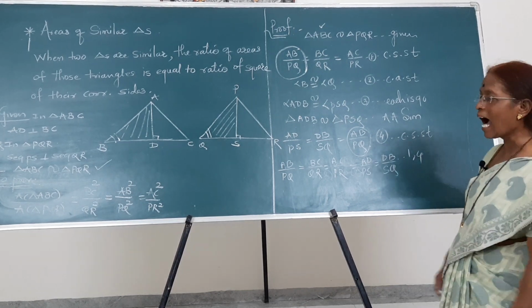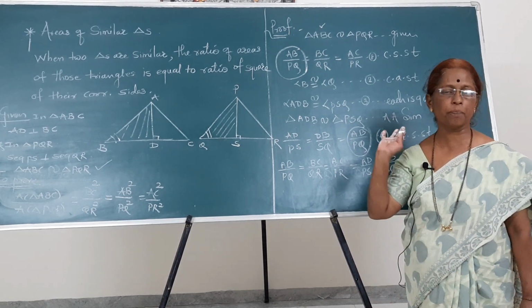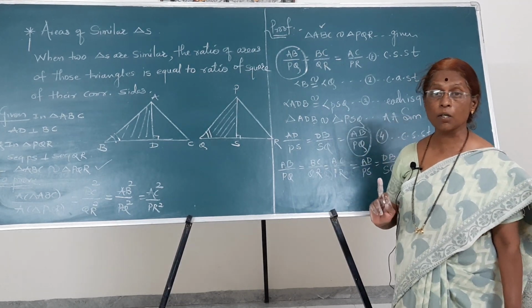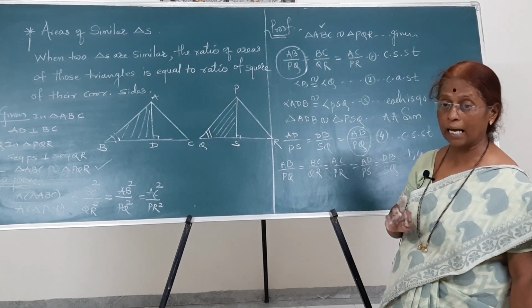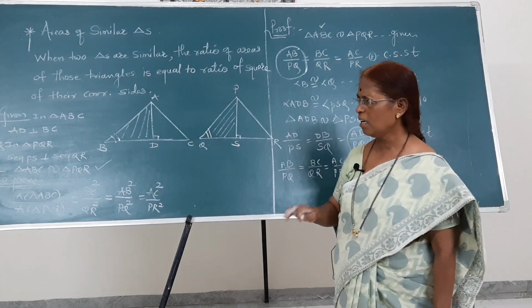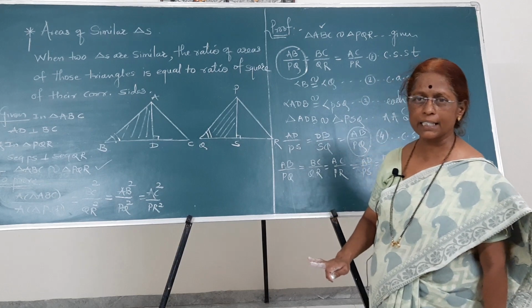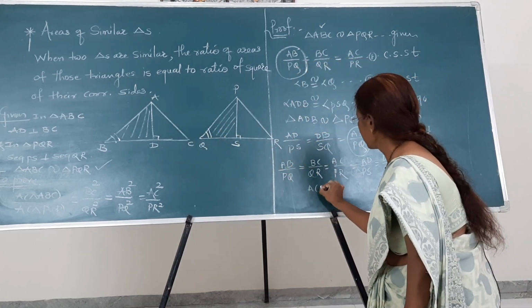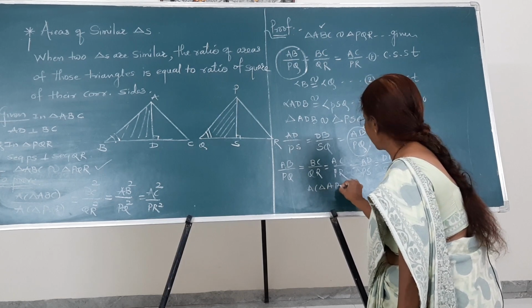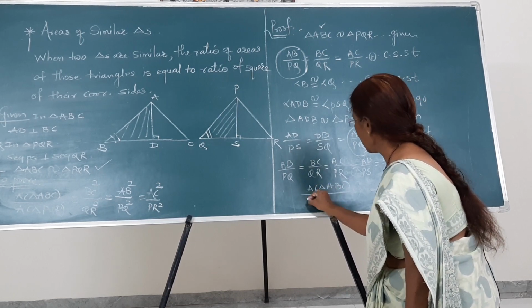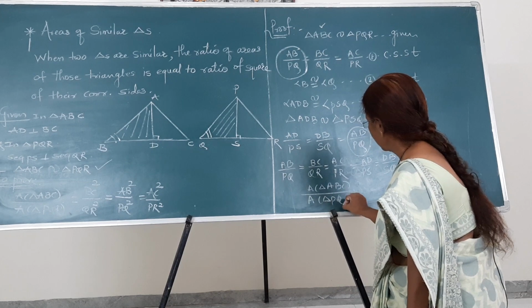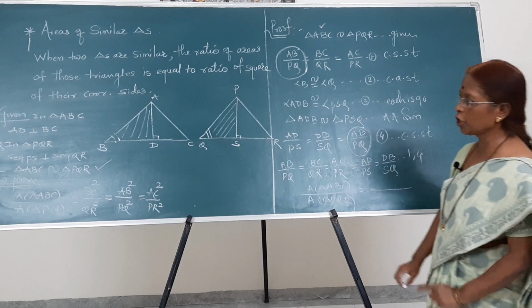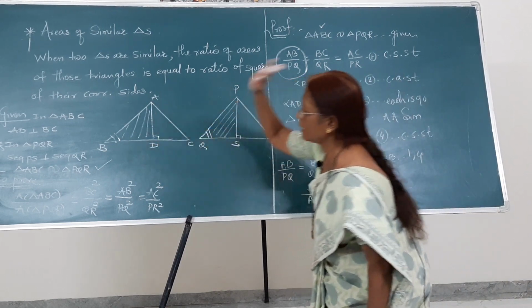After that, see children, our first property from the textbook we learned, the ratio of areas of any two triangles. Purposely I am telling you any triangle. If we consider any triangles, then the ratio of areas, area of triangle ABC upon area of triangle PQR, is equal to the ratio of the product of their corresponding heights and bases.